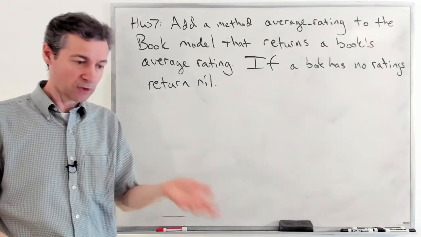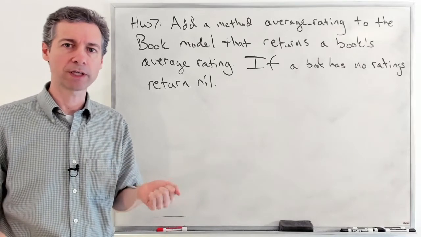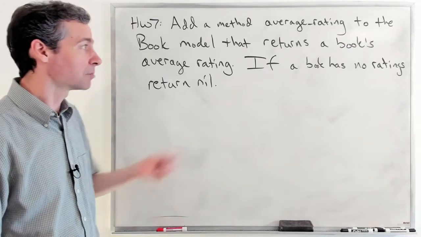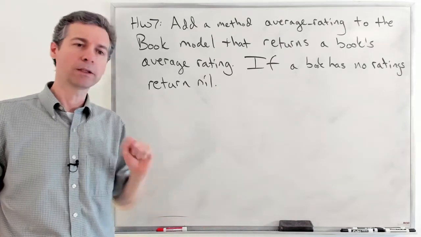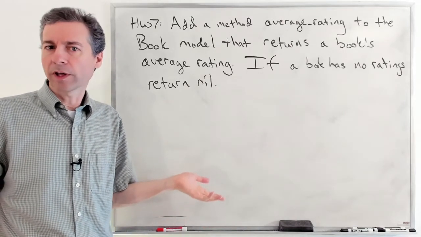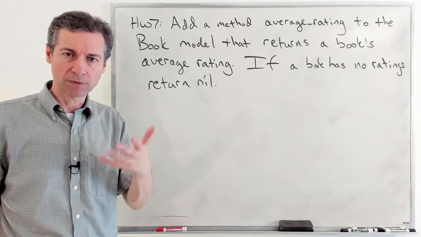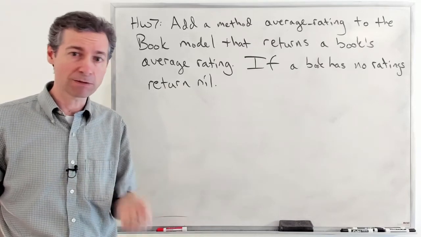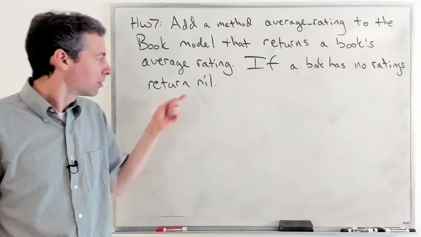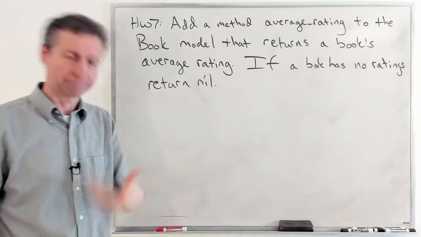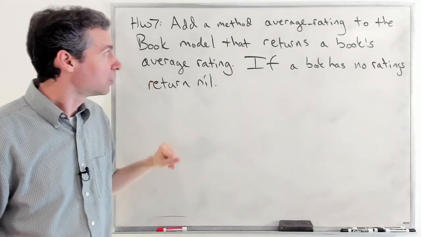And the book says, I'm going to look at my ratings and tell you what my average rating is. And if the book finds out that it has no ratings, it says, well, I can't compute an average if I have no ratings, because that would be something divided by 0. So what should I do? Oh, you've told me I should return nil. Excellent. So that's what we're going to need to do.